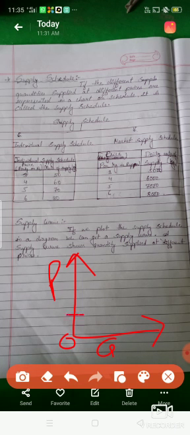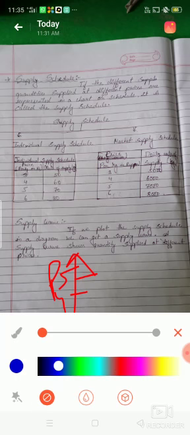Suppose the prices are 3, 4 and 5, and the quantities are 50, 60, and then 70.